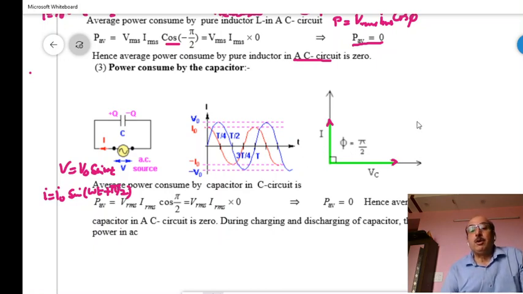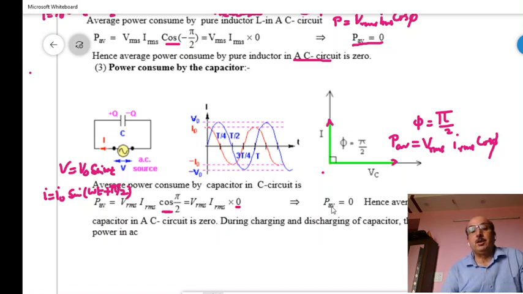So phi comes out how much? Pi by 2. And we have power equation. The average power is equal to Vrms Irms cos phi, and cos phi is cos pi by 2, and cos pi by 2 having value 0.